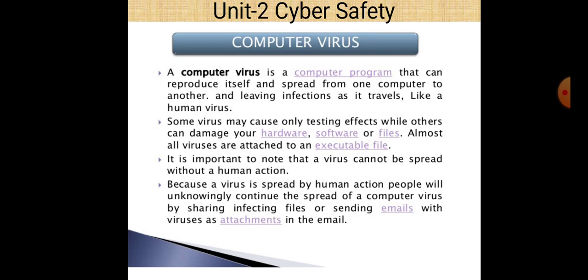Viruses are nothing but self-executing programs, and they can damage files and reproduce and replicate themselves. So this is the definition of the virus. Some viruses may cause only trivial effects, while others can damage your hardware, software, or even files. Almost all viruses are attached to executable files.